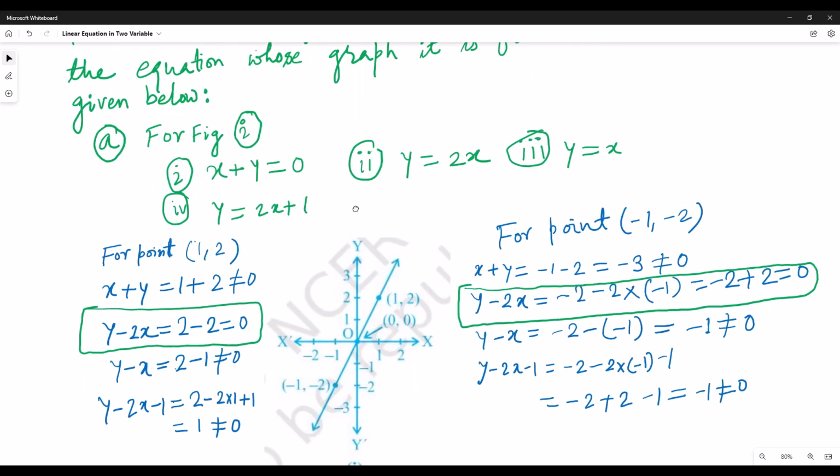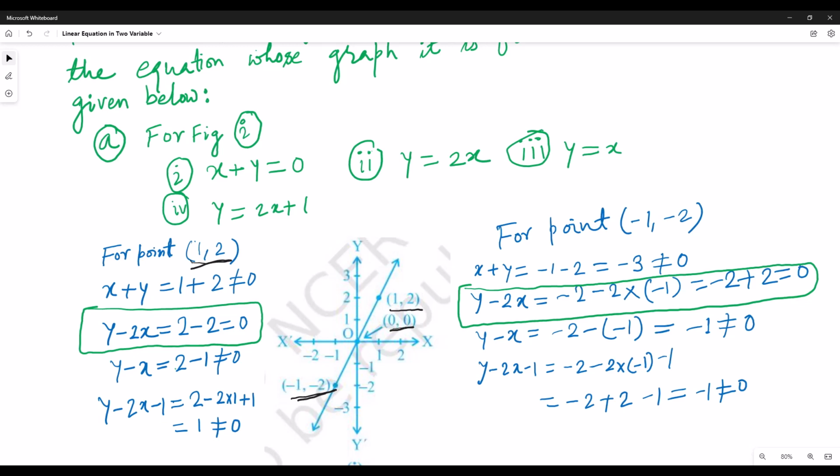On this graph we see 3 points: (0, 0), (1, 2), and (minus 1, minus 2). We will put all these values in the equation and see whether it is true or not. For the point (1, 2), x plus y is not equal to 0, so this is not valid.